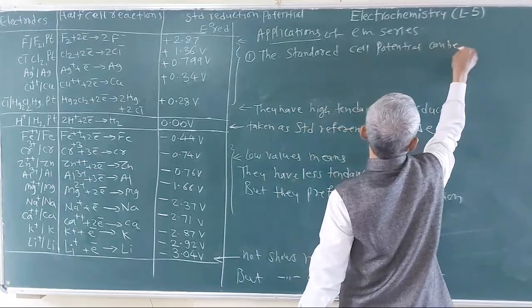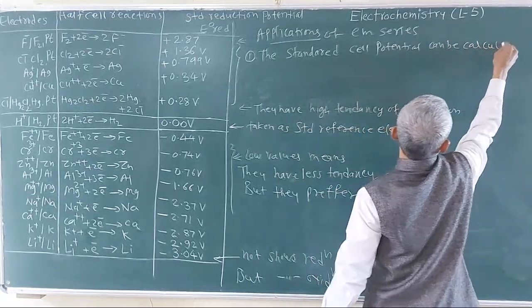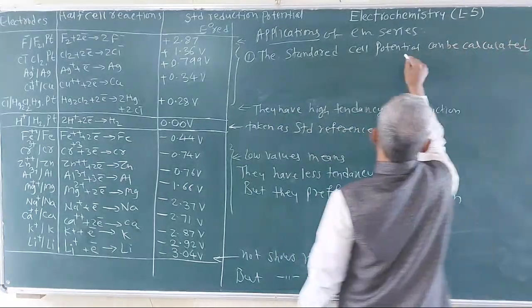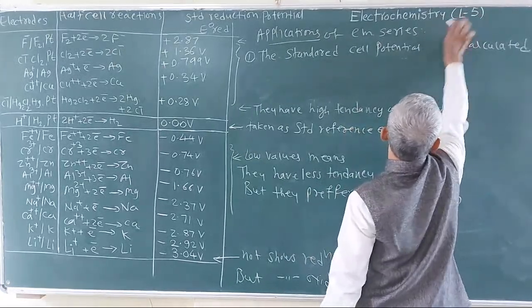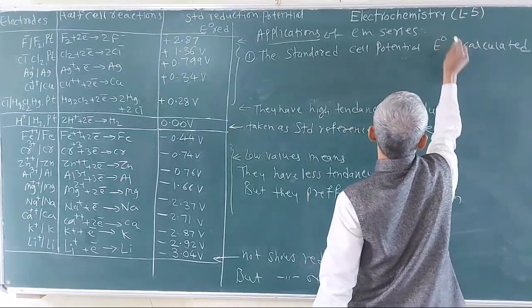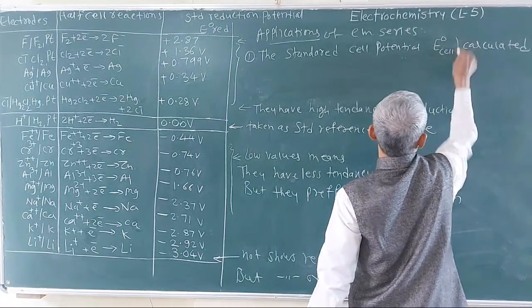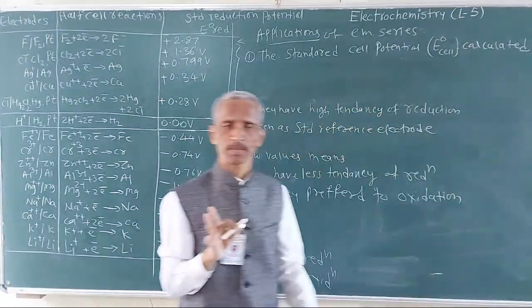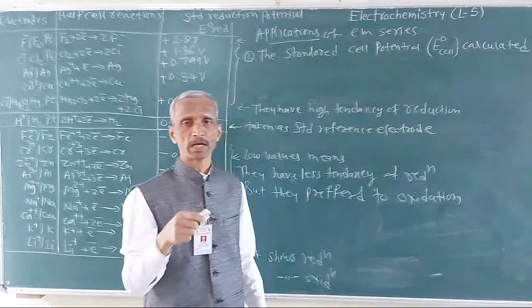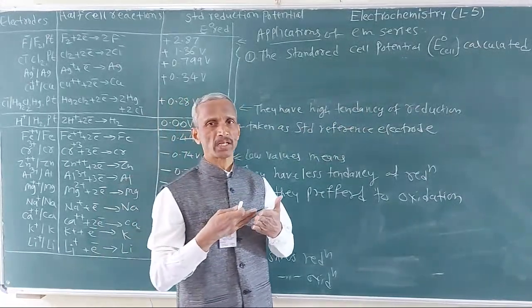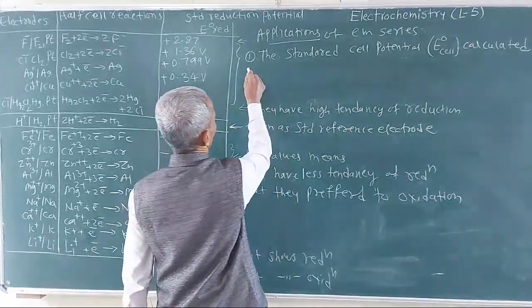What is a cell? Of course, the electrochemical cell, and an electrochemical cell is made up of two electrodes combined together.